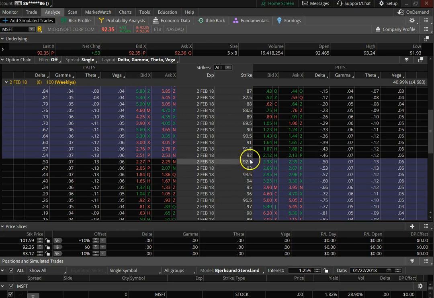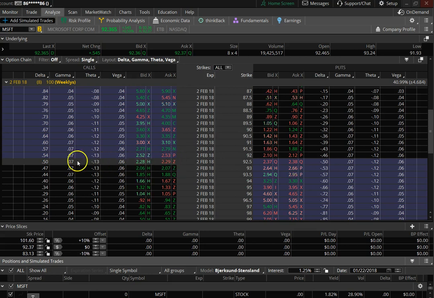So at the money, let's use this one, 92.36, we're at the 92.50. The at the money call is going to decay 13 cents. So you have 229. If all things being equal and nothing happens, this thing will be 13 cents less tomorrow. And then this theta is going to change because now you only have 7 days left. So it's going to start to pick up steam and accelerate.